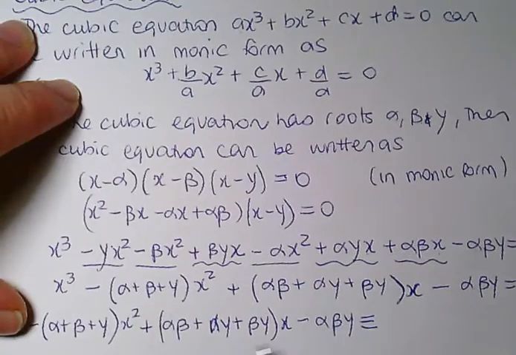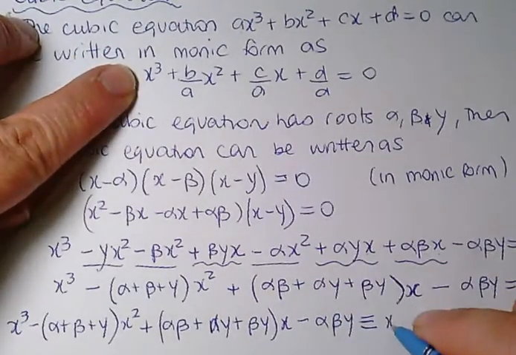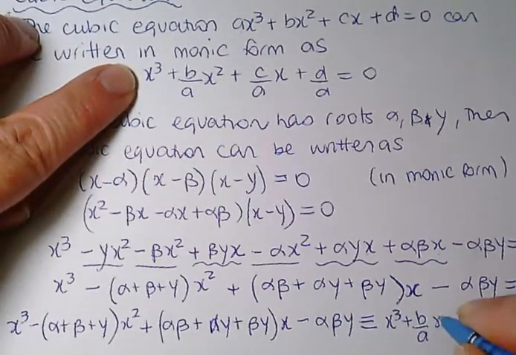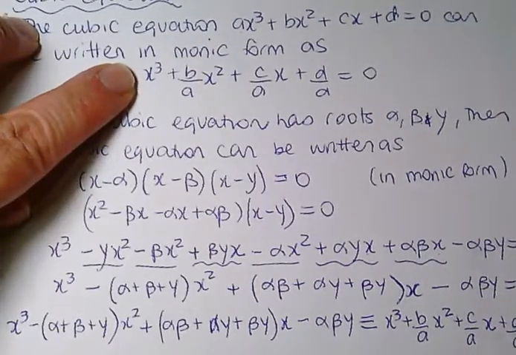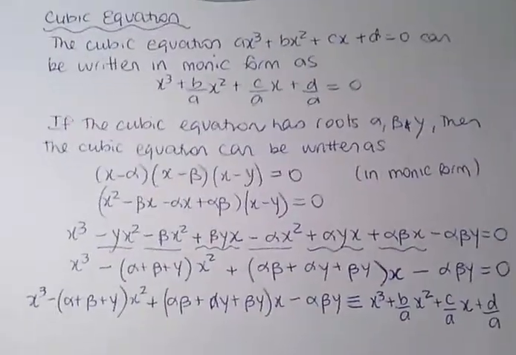So I can say that this expression here equals this, which is x cubed plus b on a x squared plus c on a x plus d on a. So we can say that those two expressions are equivalent.